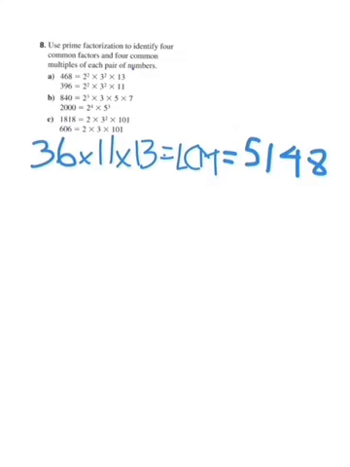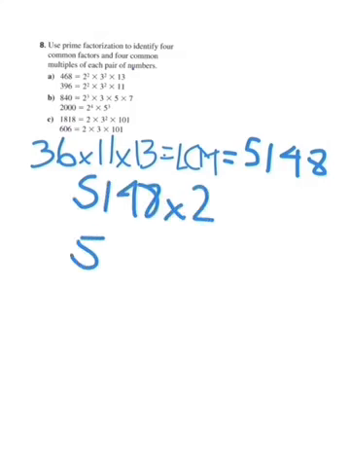So they're going to meet again times 2, and again times 3. So to find the next multiples, you just have to multiply 5,148 times 2, 5,148 times 3, and so on, okay? And that way you find more than one multiple.